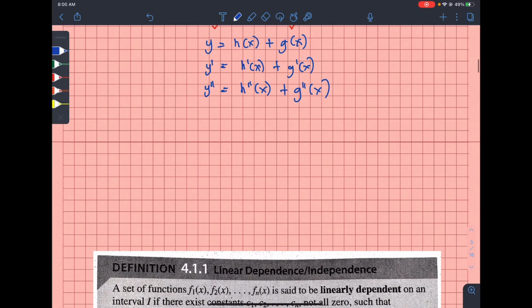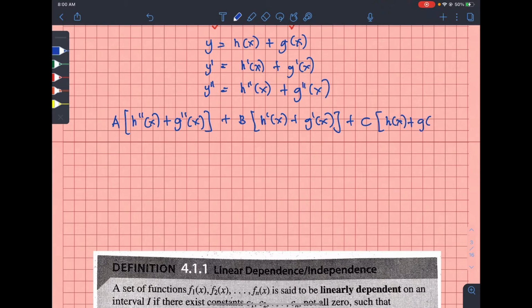We have a multiplied by y double prime, as h double prime of x plus g double prime of x, then plus b times y prime, h prime of x plus g prime of x, then plus c times h of x plus g of x, equals 0.